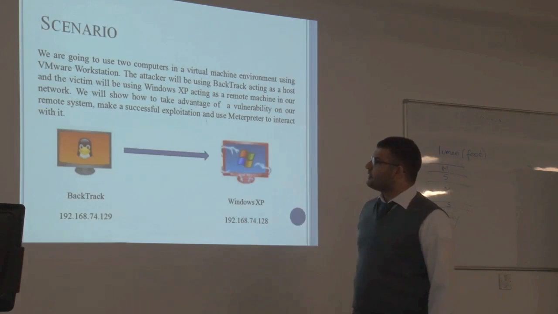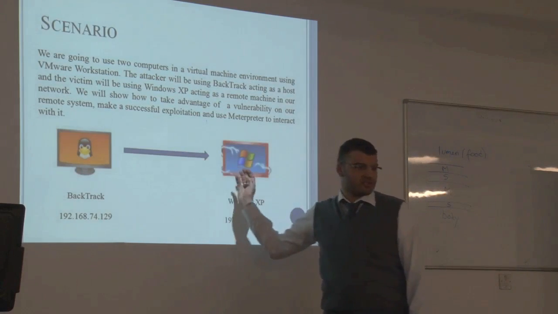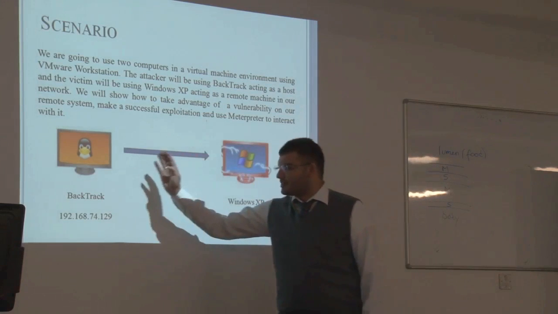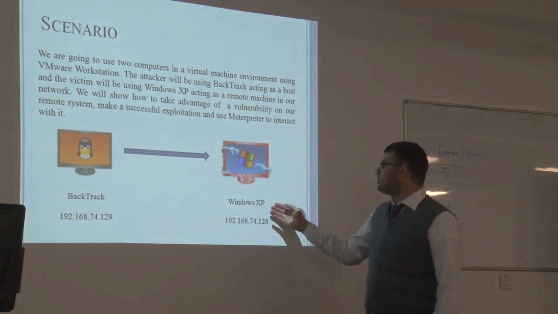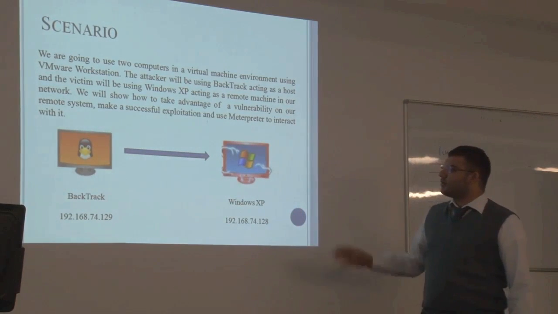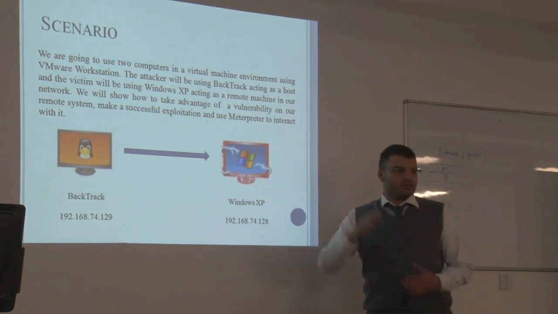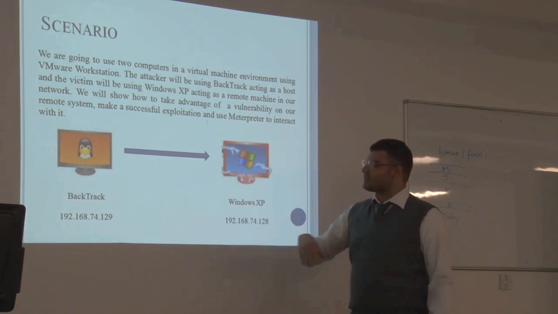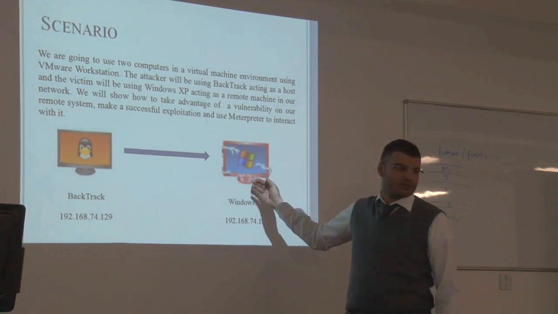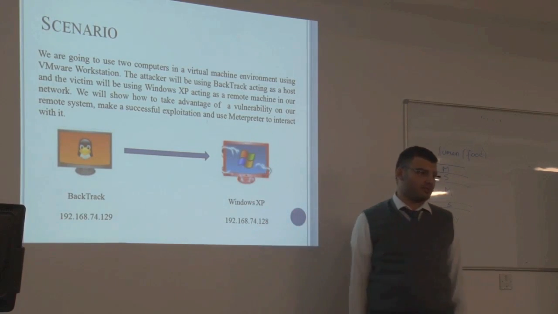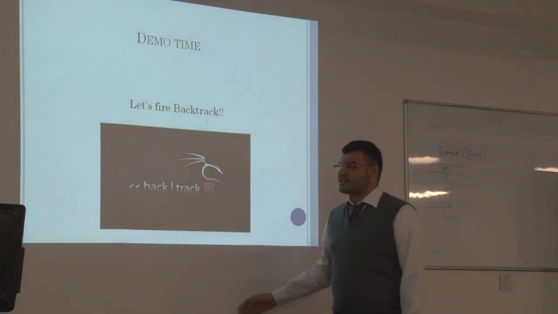So what we are going to do today is use 2 virtual machines. One of them is BackTrack, which is the attacker machine, and the other is Windows XP. We will start from network mapping. We will scan the network, then exploit the vulnerability and show you some examples of Meterpreter. So let's start BackTrack.